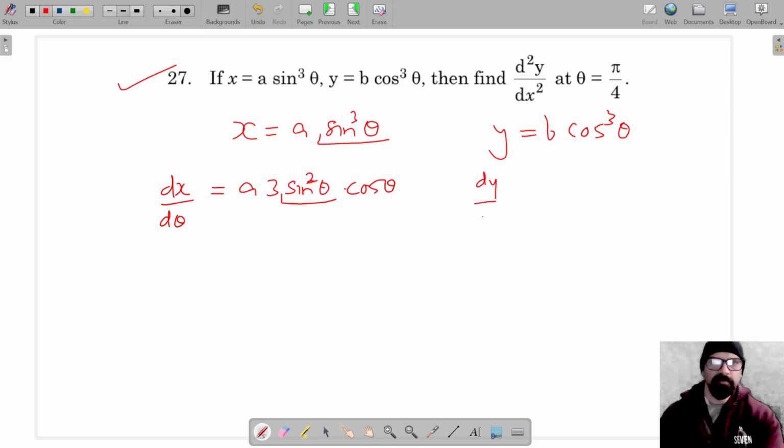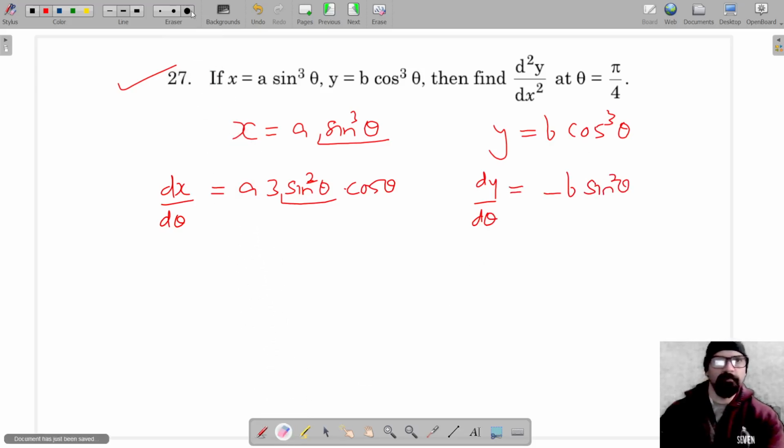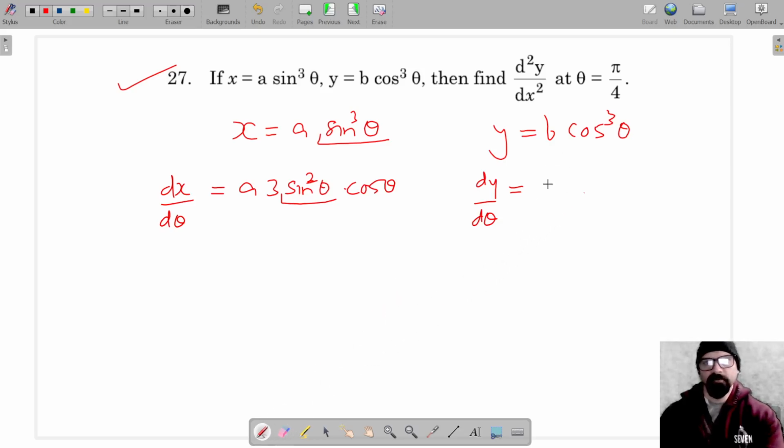Now let's differentiate y. So b is constant, differentiation of cos cube theta is 3 cos square theta, and differentiation of cos is negative sine theta.